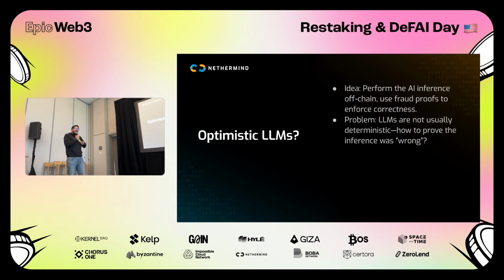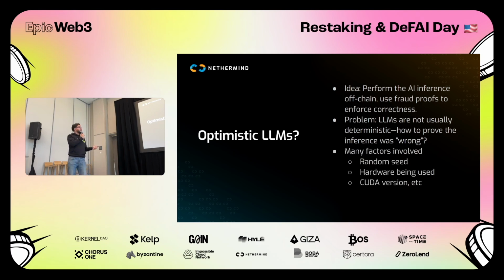So if you're not getting the same answers every time, how do you even begin to prove that the inference was, quote unquote, wrong to begin with? Someone else is going to come and try to do a challenge on chain in this optimistic architecture. They're going to get a different answer. There's no canonical answer that you could use for a fraud proof.